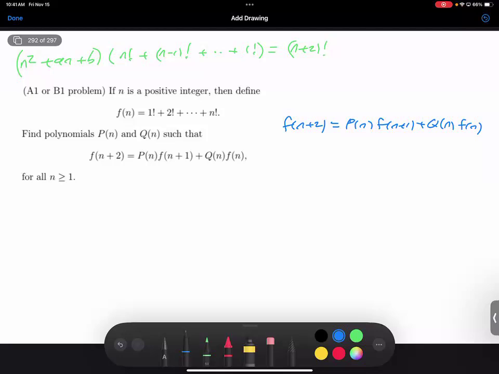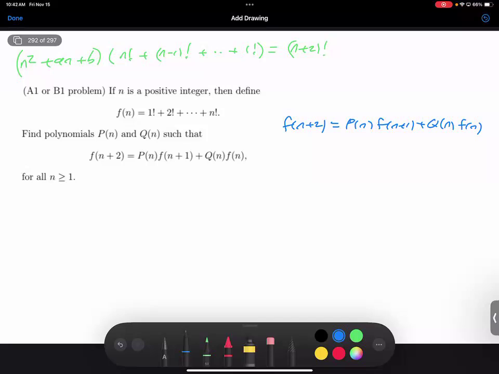So, do you want to see some data? Well, we've already looked at data, but this is supposed to hold for all n. And notice we have n plus 1, we have n plus 2. So what might be useful to replace n with? n plus 1 or n plus 2, or maybe n minus 1. This relationship is supposed to hold for all n greater than or equal to 1.